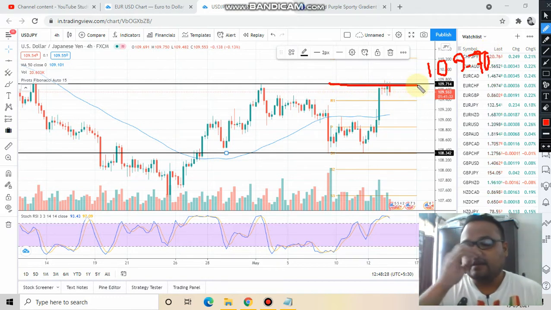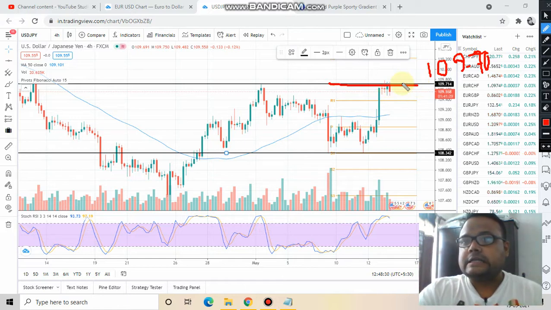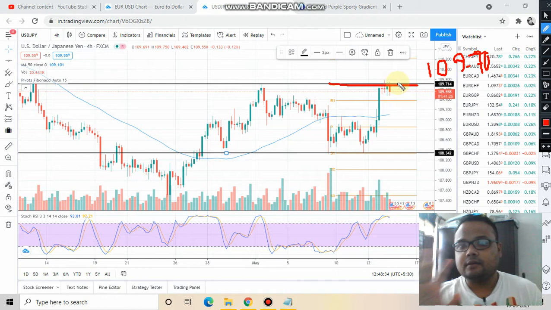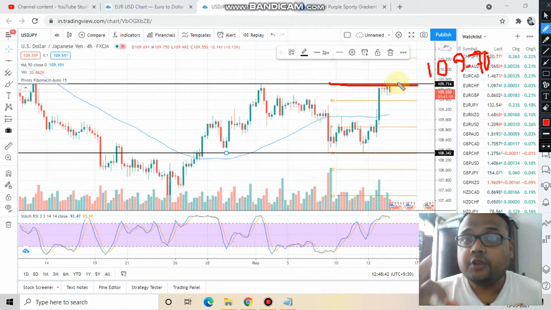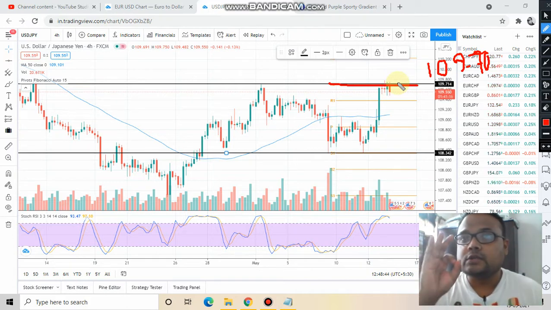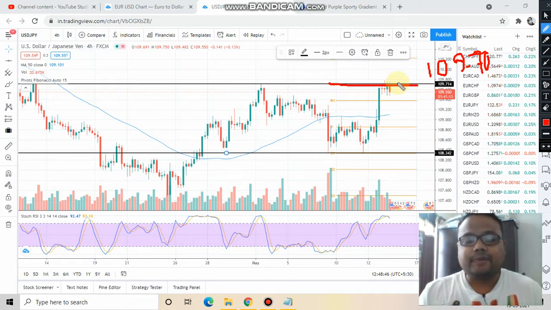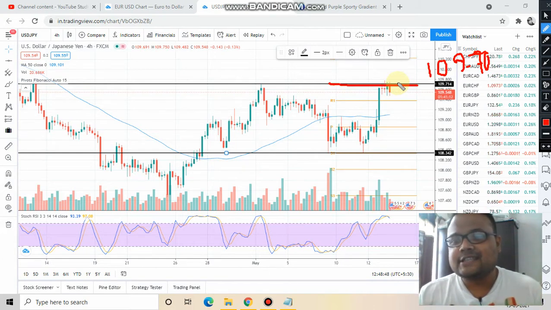If market crosses this level, then you can go for buy. But as I always say, confirmation is very important. So if market crosses this level, wait for 3 to 4 hours and just observe the price.